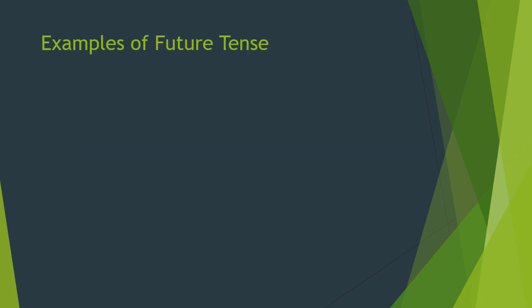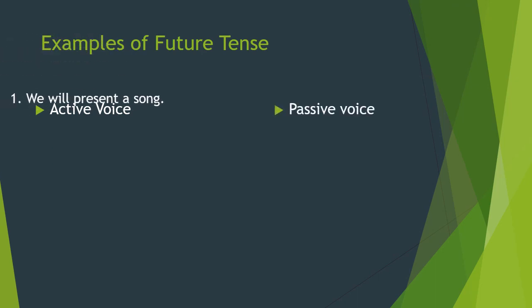Now let us see the examples of future tense. How future tense of active voice will change to passive voice. First example, we will present a song. Subject is we, will present is the verb, a song is the object. Now what is the tense of the verb?